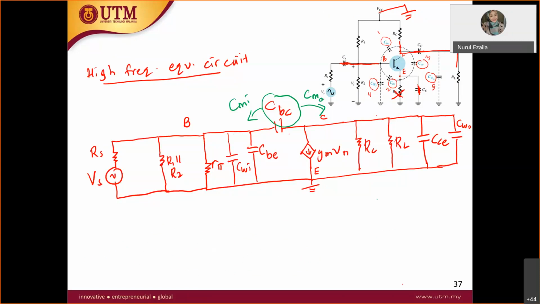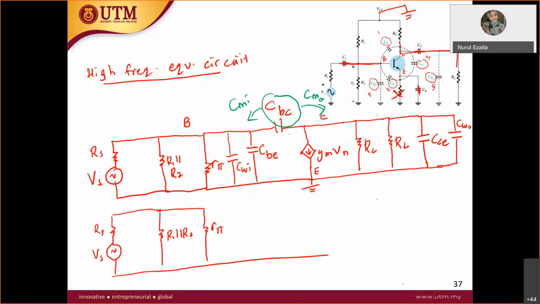Okay, let's draw it together. So this is RS, VS, and then you have R1 parallel with R2, and then you have R pi. Then you have CW in, you have CBE.